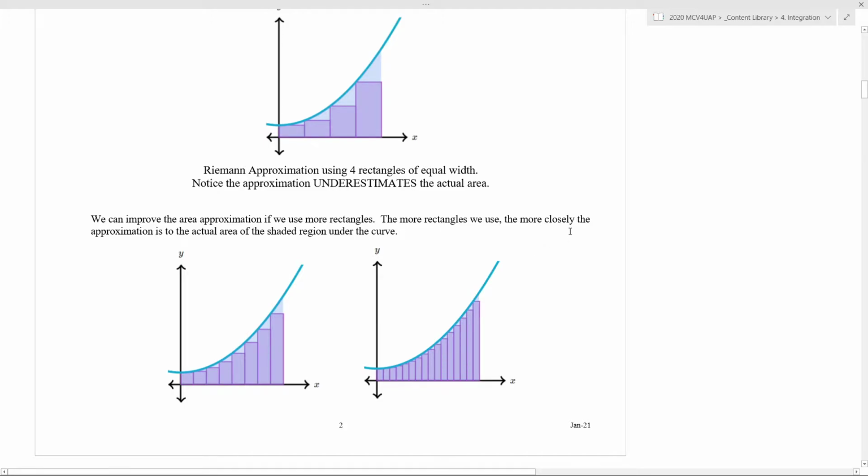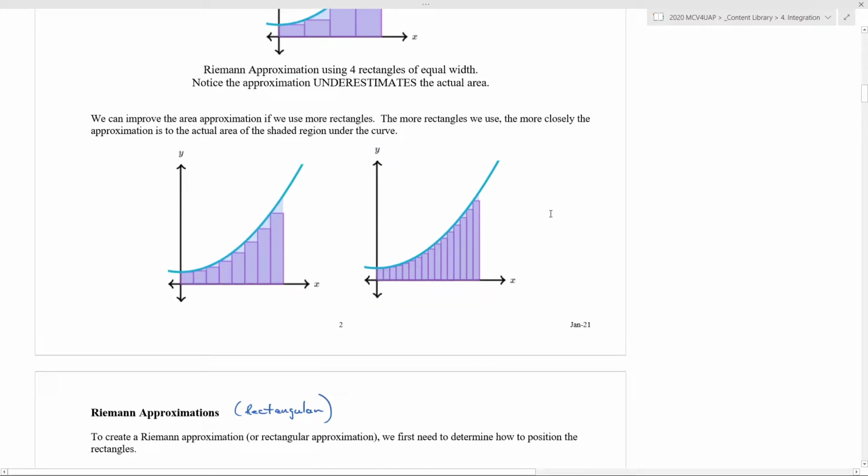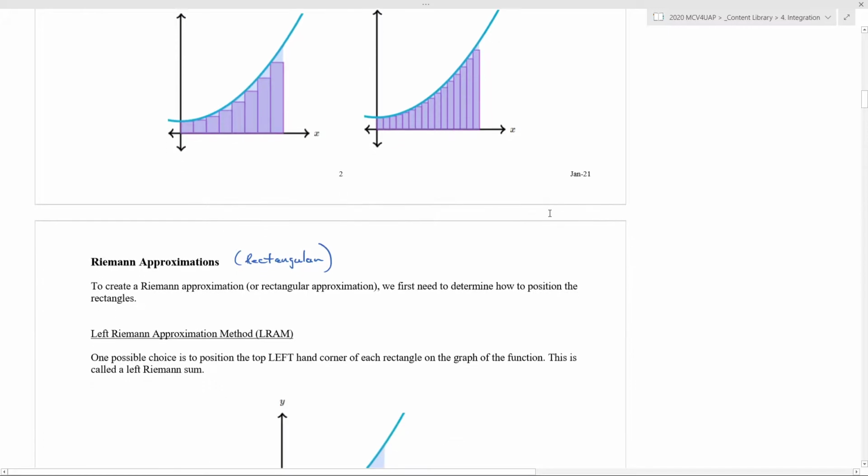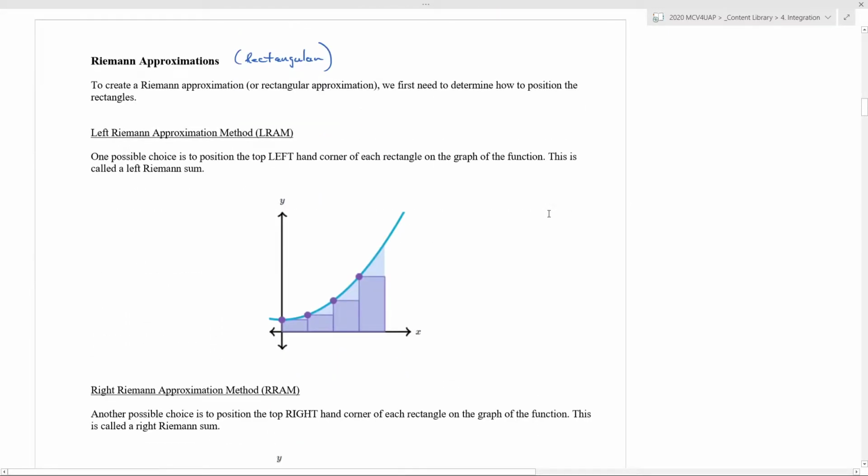That's the method, the mindset here: we're going to use rectangles to approximate the actual area. So the first type of approximation, I've labeled it Riemann approximations, but it's fair to say that they're rectangular approximations because we're using rectangles.